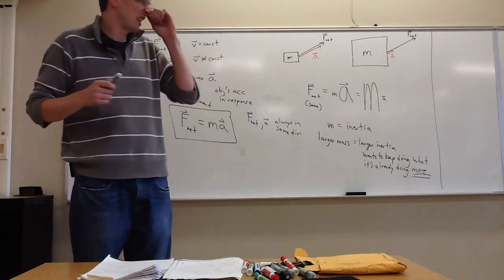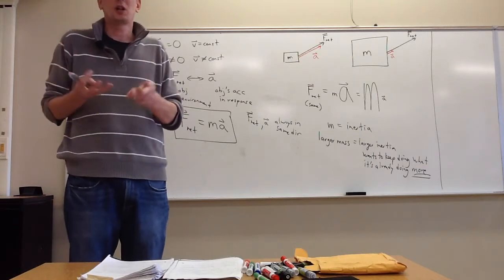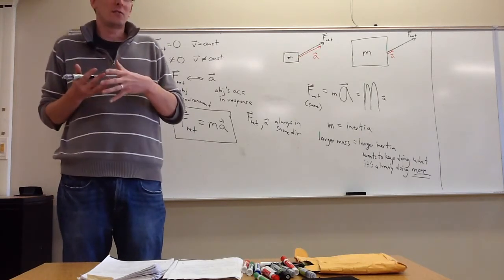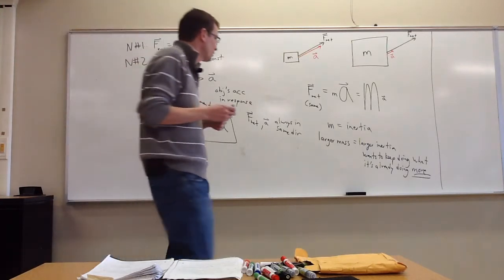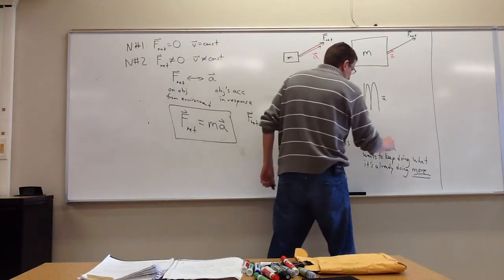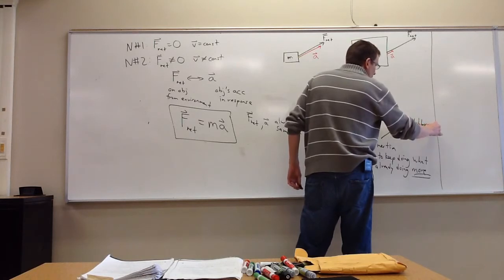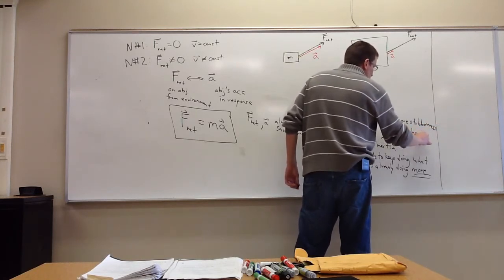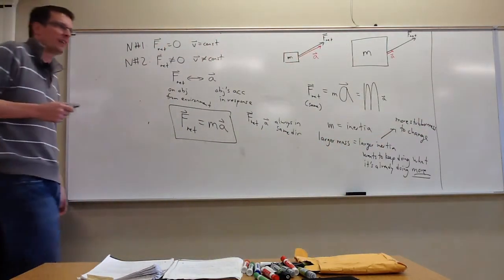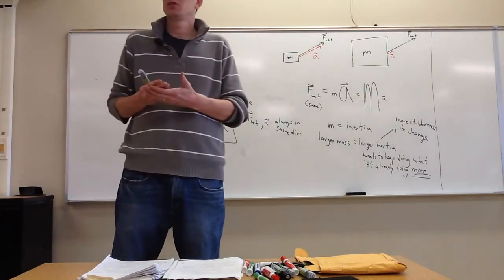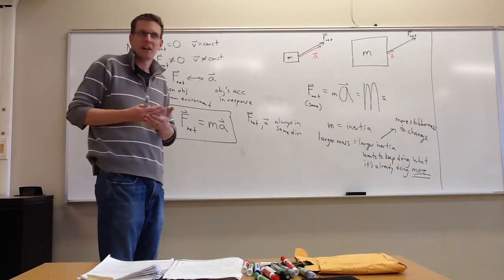So if all objects like to keep doing what they're already doing, if something has a larger mass, it wants to keep doing what it's already doing more. So it wants to resist the changes that you're trying to make. Okay? So a larger mass basically means more stubbornness to change. A larger mass is more stubborn to any changes you'd want to make to it. Mass is the measure of that.